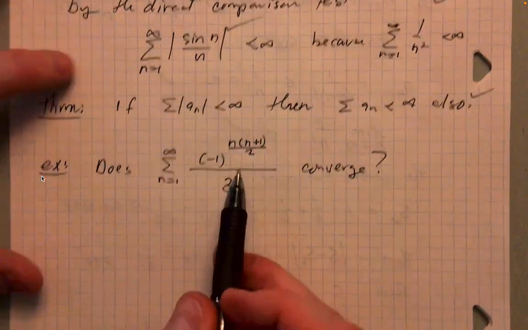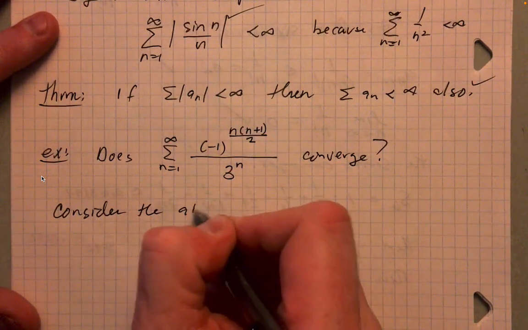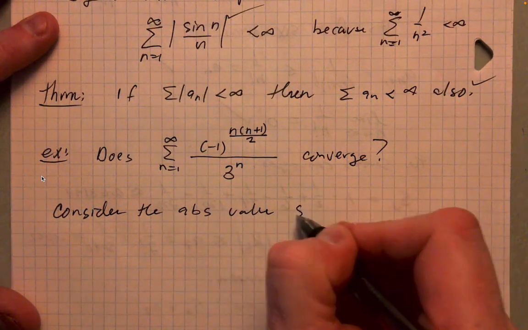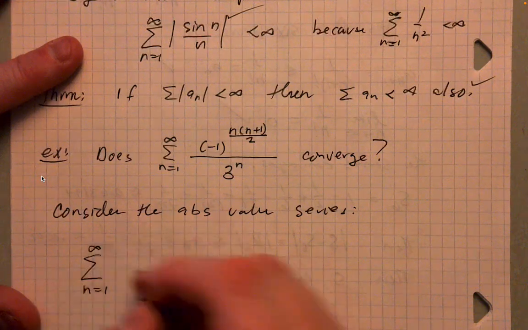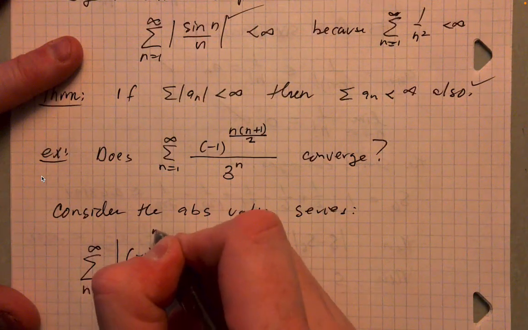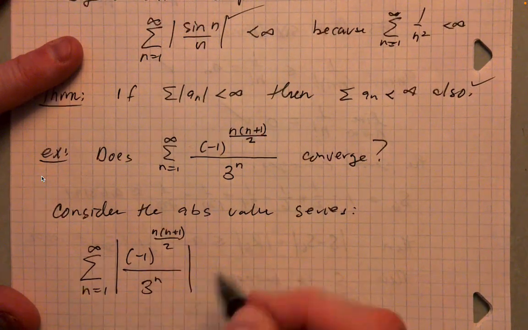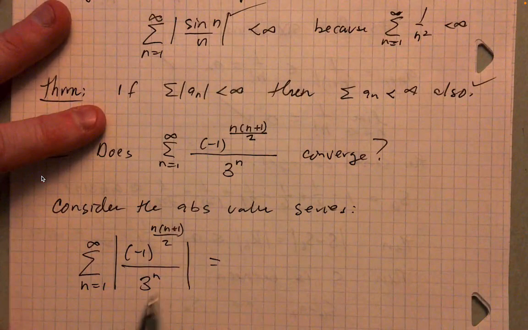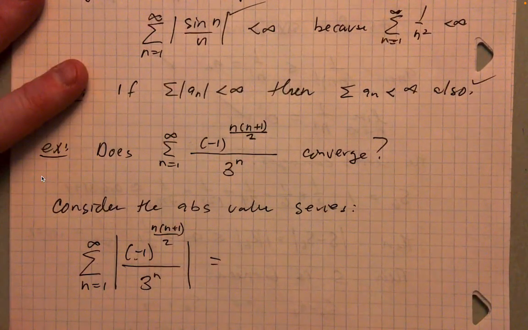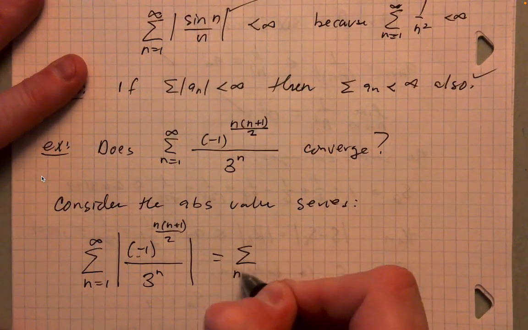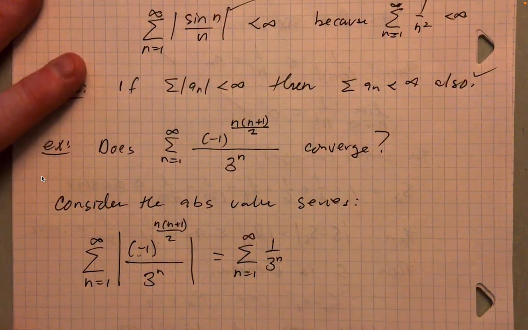So let's consider the absolute value of this. The absolute value series, right? So consider this one, n equals 1 to infinity of the absolute value of this. Now what is the absolute value of this? Well, it couldn't be easier, right? It's literally, this is all just 1 when you consider the absolute value of the terms. So it's literally n equals 1 to infinity of 1 over 3 to the nth power.